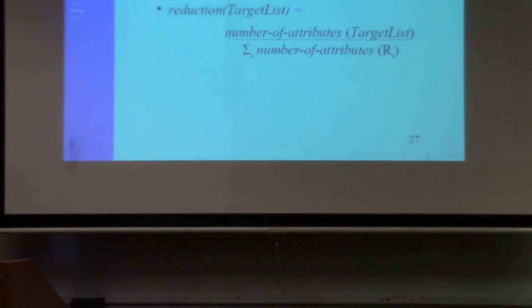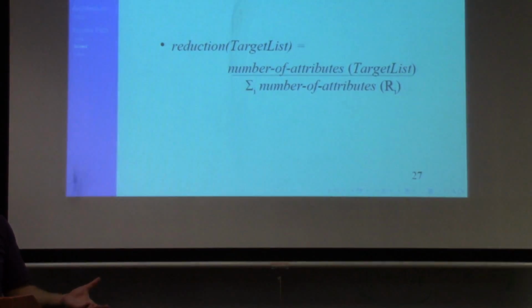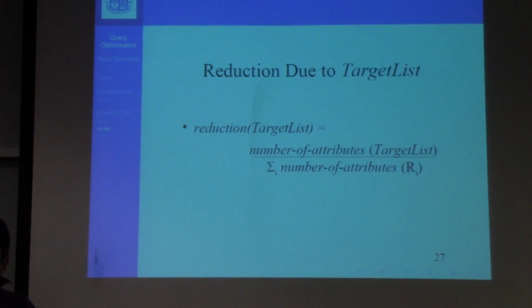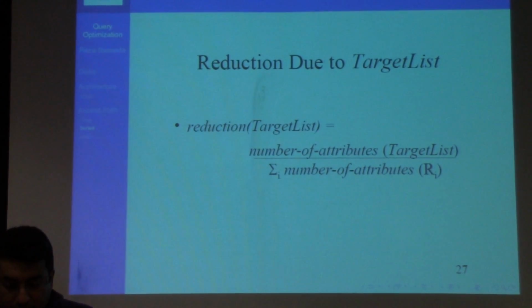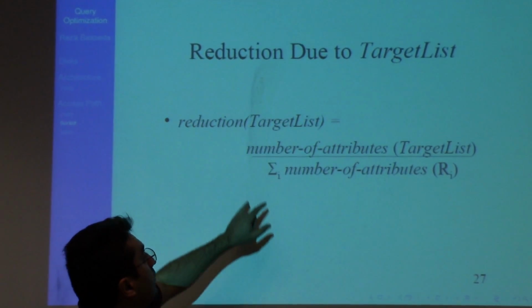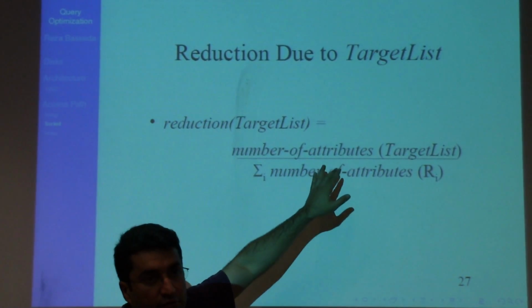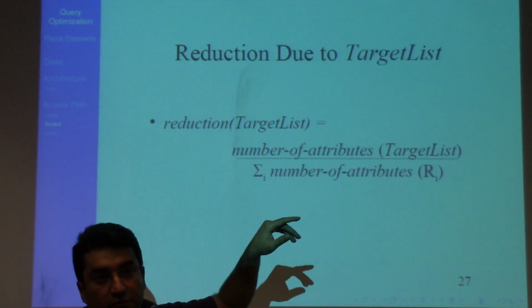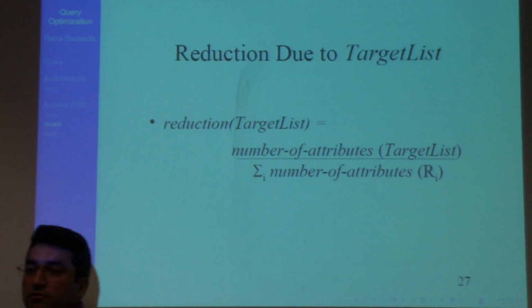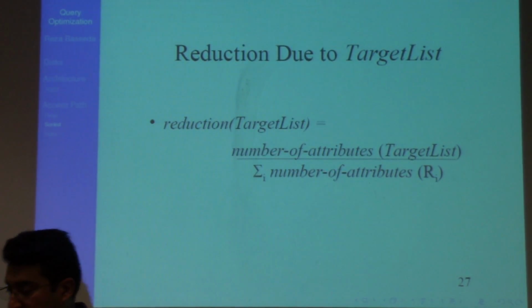So now, how much is the reduction of the target list? Target list was a list of columns, right? So it is the number of the attributes over the total number of attributes of Rj. How many attributes are possible? What is the query?